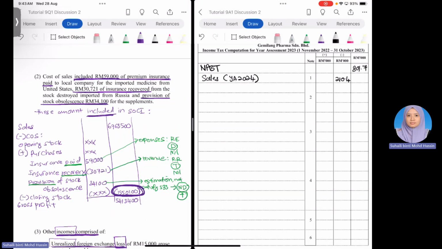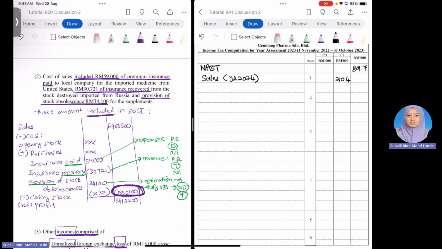But in the question it's mentioned that from this total, the question gives you 3 items that you have to check whether you make the adjustment or not. One item is 59,000 of the insurance premium paid to the local company for the imported medicine from the US.